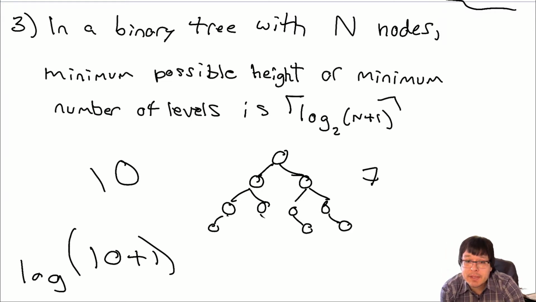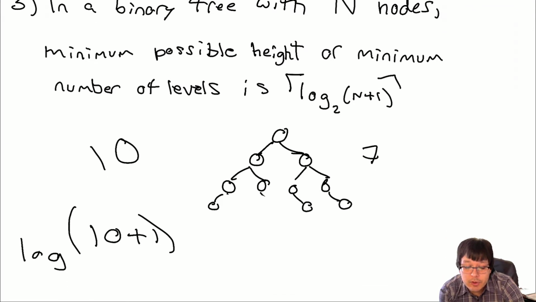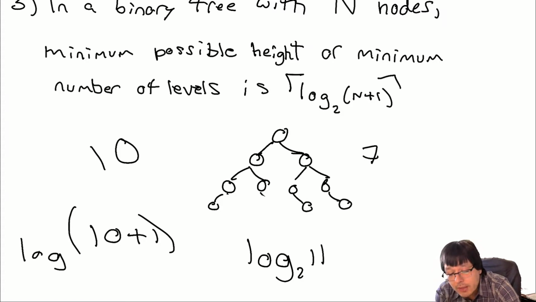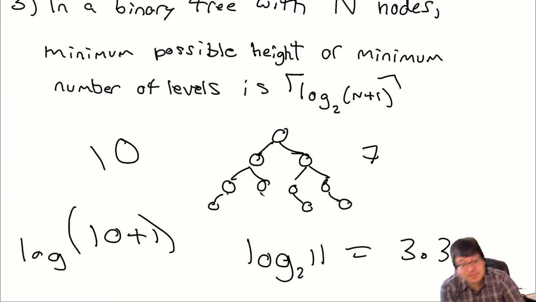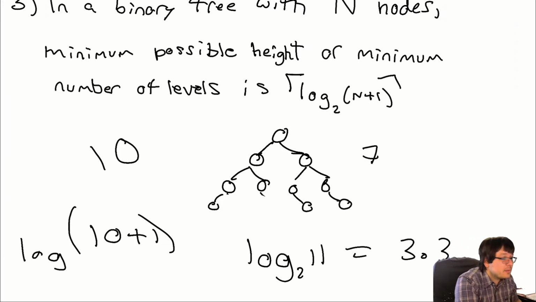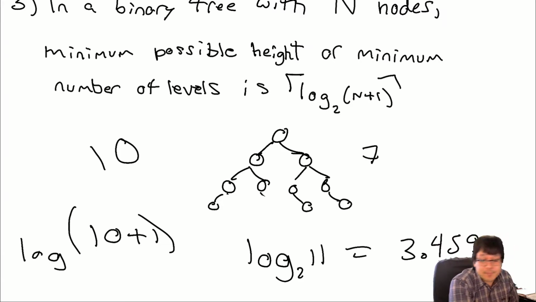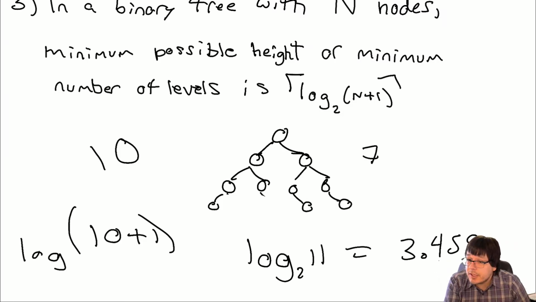Because log 2 of 11 is equal to something like 3.3. Let's just run it. Log 2, 11. 3.45. Okay, close enough. The point is that you can't have half a level.